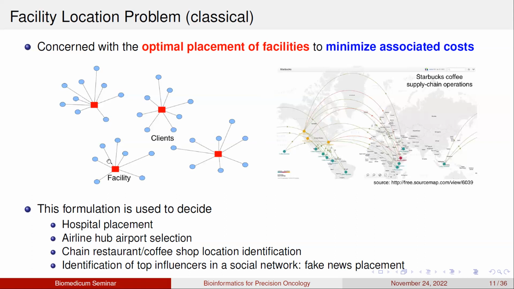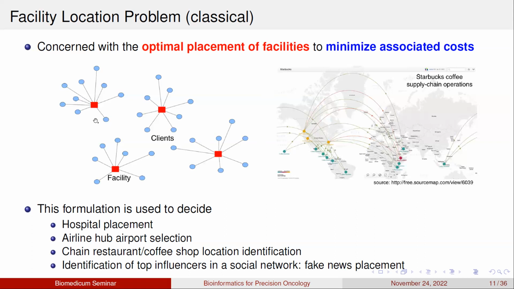restaurants. And there are also clients that surround these facilities. Now, the facility location problem is concerned with placement of these facilities in such locations that all the clients can have equal or easy access to them.